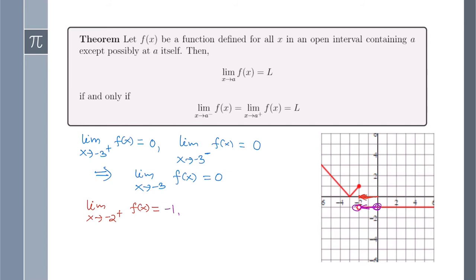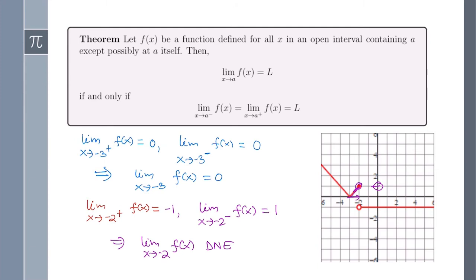And then the limit as x approaches -2 from the left of f of x, the function is approaching this value here, which is 1. So in this case, the left hand limit is not the same as the right hand limit. The right hand limit is -1, the left hand limit is 1. So the limit as x approaches -2 of f of x does not exist, because the left hand limit is not the same as the right hand limit.